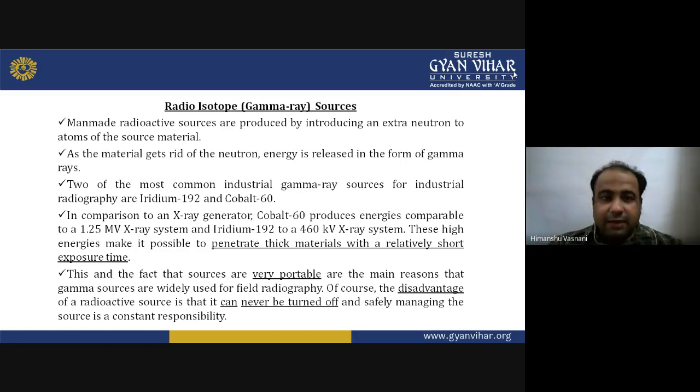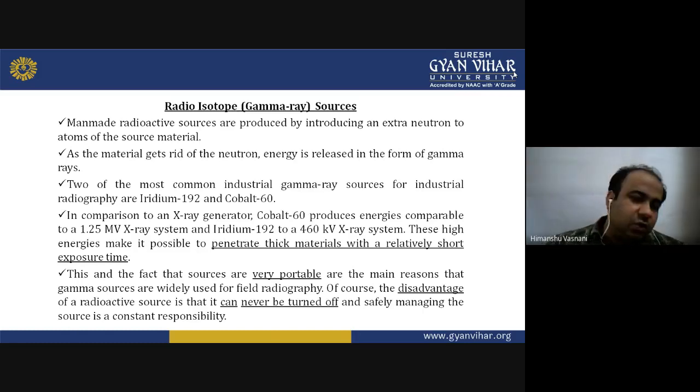As the material gets rid of the neutron, energy is released in the form of gamma rays. Two of the most common industrial gamma ray sources for industrial radiography are iridium 192 and cobalt 60.